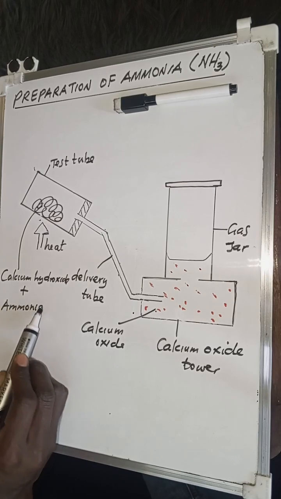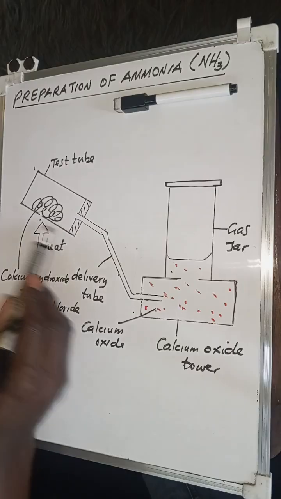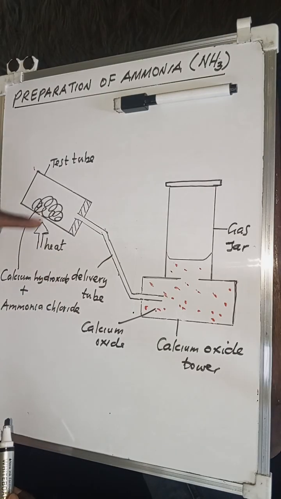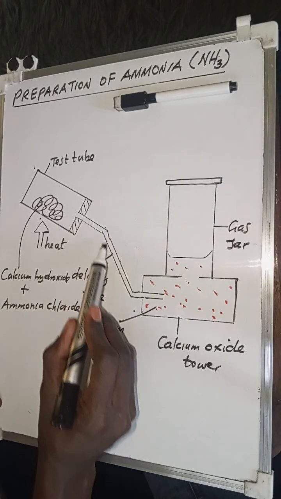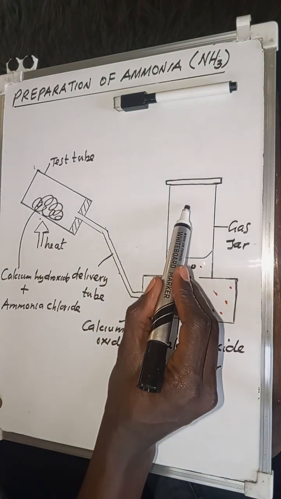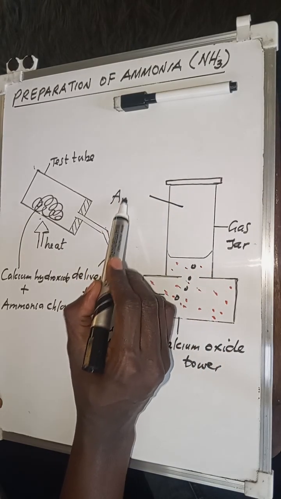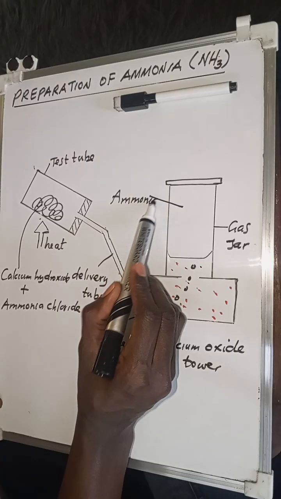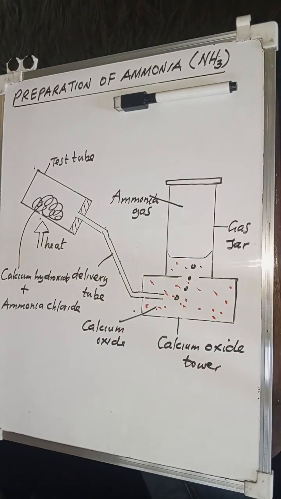Remember the one that I used in the equation? So this is the ammonium chloride that you have. And that mixture needs to be subjected to heat. So once you heat, ammonia will be produced, and this ammonia will travel to start forming bubbles, and hence it is going to be collected. So the gas that you're going to have this side is going to be ammonia gas.